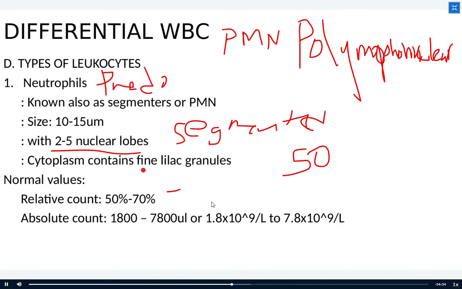Now, the normal value class of your neutrophils would be 50 to 70%. So, normal makakita class ng 50 na neutrophils sa isang diff count up to 70%. Well, the absolute count would be 1.8 to 7,800 per microliter or 1.8 times 10 raised to the 9 to 7.8 times 10 raised to the 9 per liter.